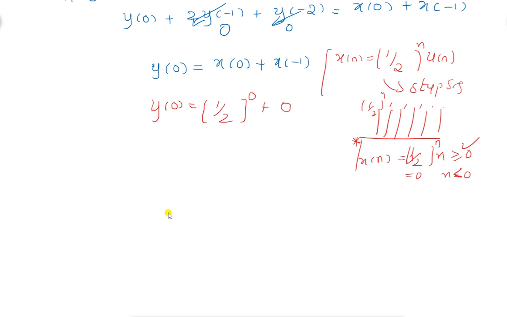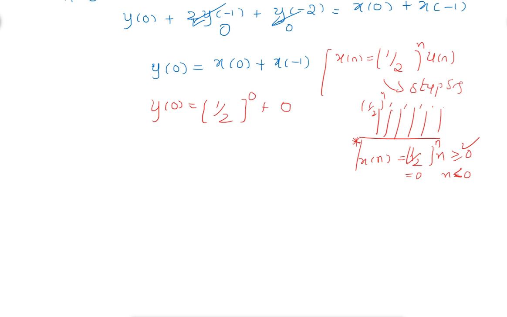Once again, most students make mistakes here, at the time of finding y of 0 and y of 1. They simply substitute n equal to 0 in x of n and post the value. That is completely wrong.